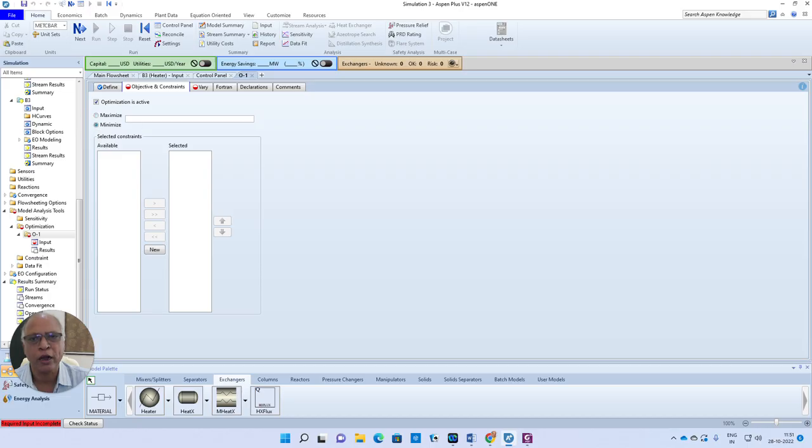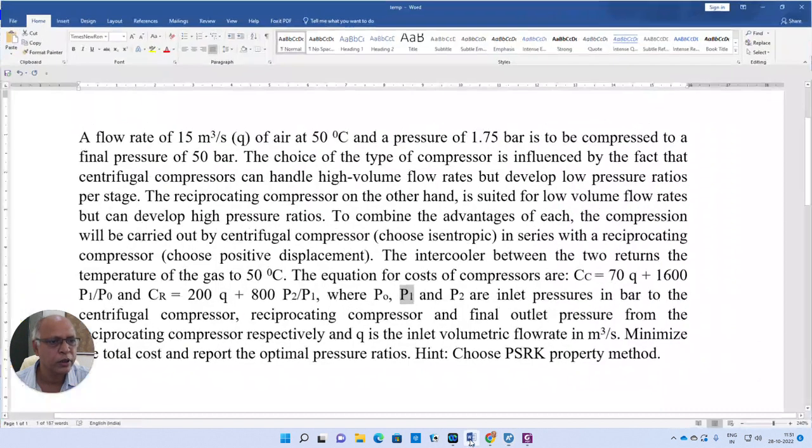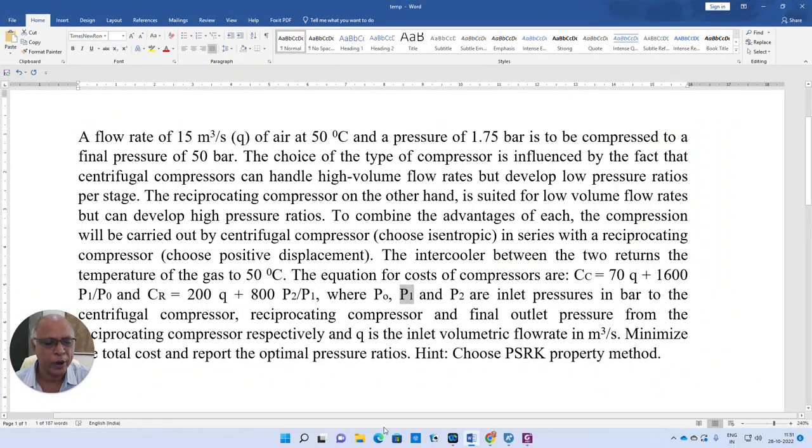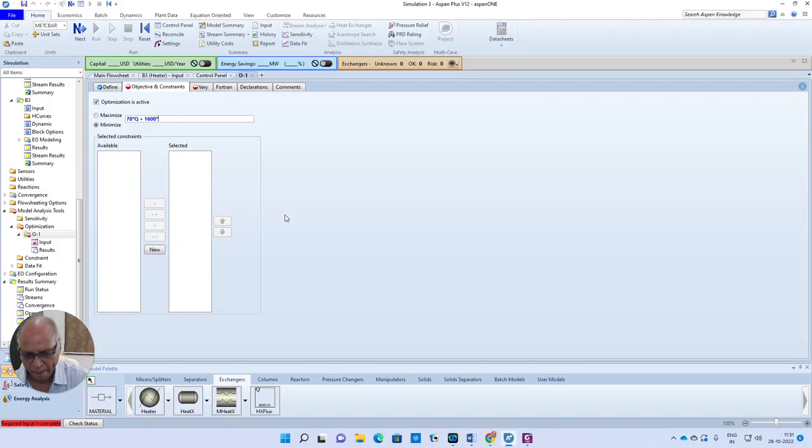You need to minimize the cost. The first compressor cost is given as 70 times the value of Q plus 1600 multiplied by P1 by P0. We know P1, which has been defined here.